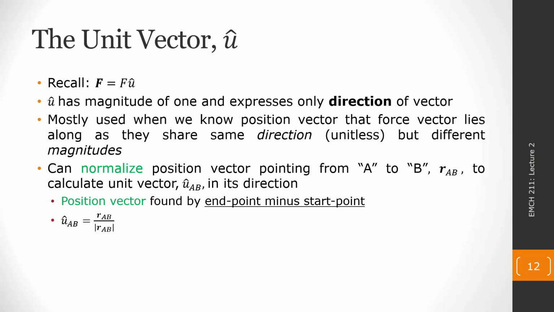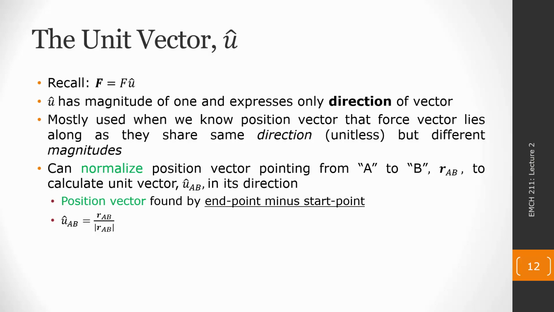We can denote that typically by U hat AB. The first letter is where the vector is starting, and the second letter is the direction it points, or the second point that it passes through. So U hat AB is going to be different than U hat BA. They're actually going to be negatives of each other, with opposite directions.